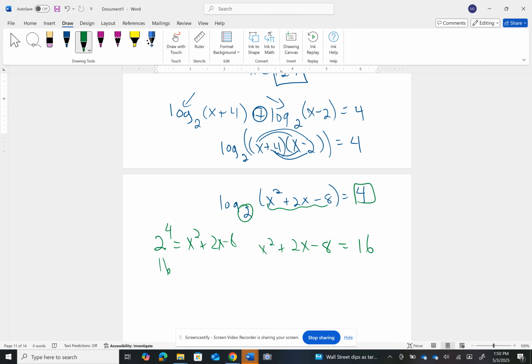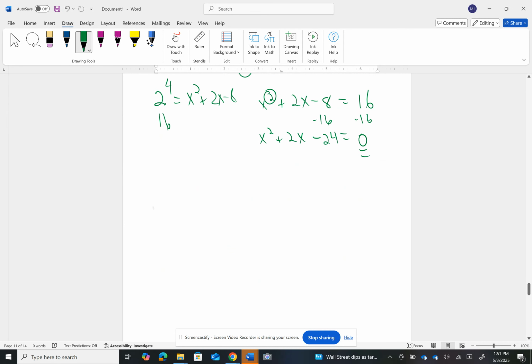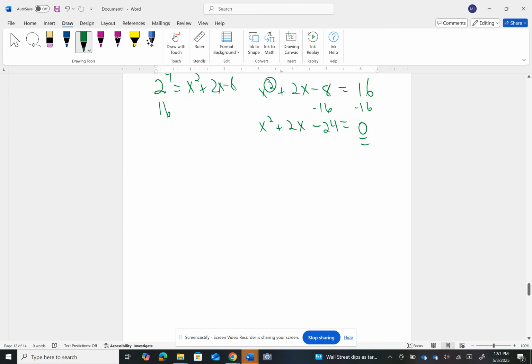So let's finish solving this. Because it turned out to be a quadratic, when I go to solve it, I'm going to subtract 16 so that I get a 0 on that right-hand side. Because when you're solving a quadratic, unless you're using the square root method, you're going to need that. Then I'm going to give factoring a quick try. These normally will factor.